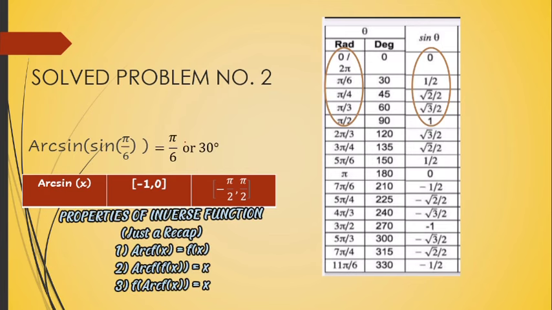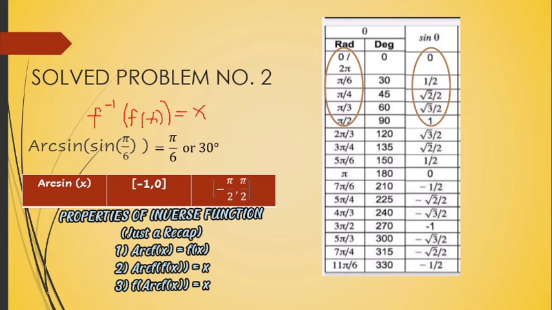Now, there is something you may not know. When we find the inverse function of a function itself, based on the property, that will be equal to x, where in this situation x is equal to pi over 6.